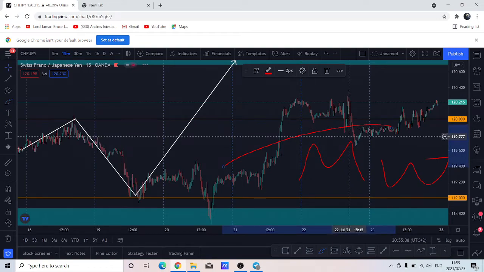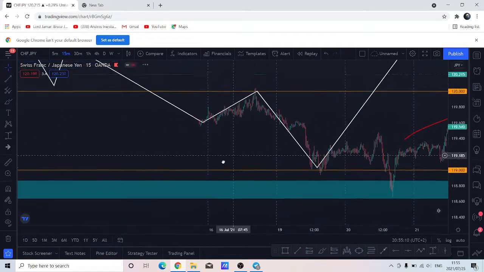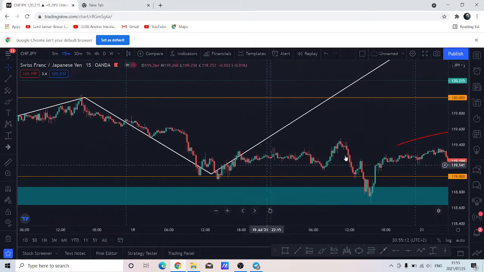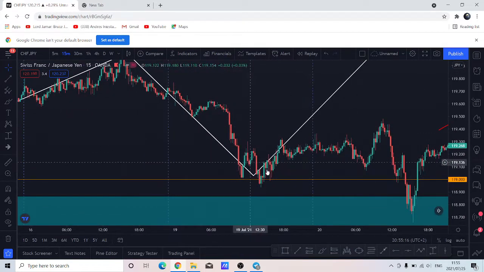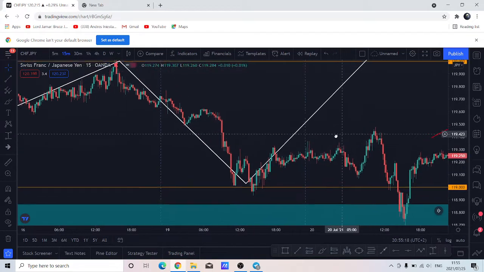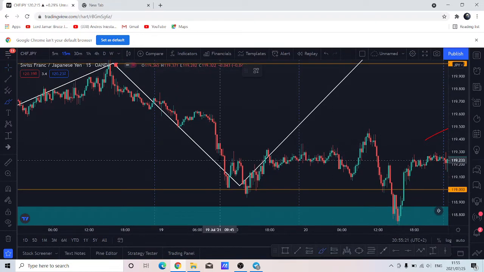Then after that, I was looking at this zone to buy the market to the upside. So I had this push and this followed by this push. And remember, here the market was oversold in this day.